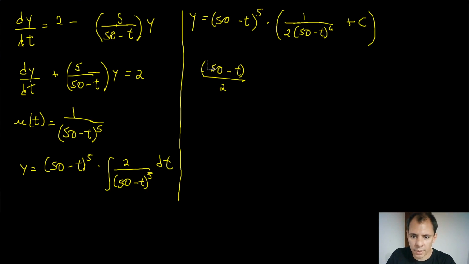I hate my 5. Okay, I have very bad handwriting. Plus c, 50 minus t to the fifth. Okay. Alright. And now I'm going to put a 2 here.